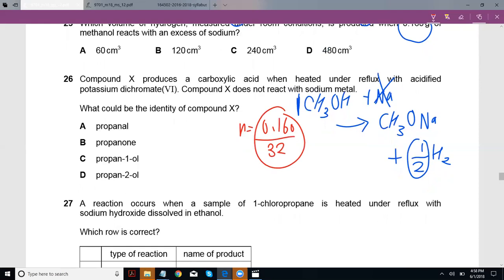How many moles would we get by 0.16 upon 32? That is 5 into 10 to the power minus 3. In fact, let me do this by the ratio method. So 1 mole of methanol gives you 0.5 moles of H2.